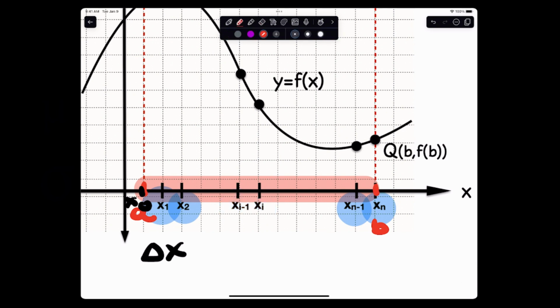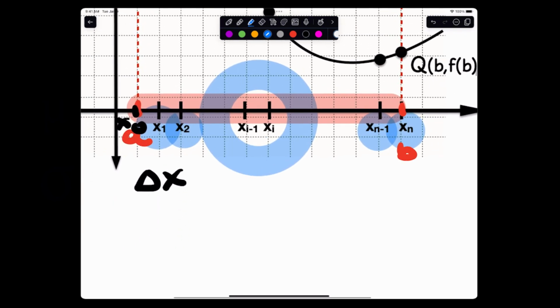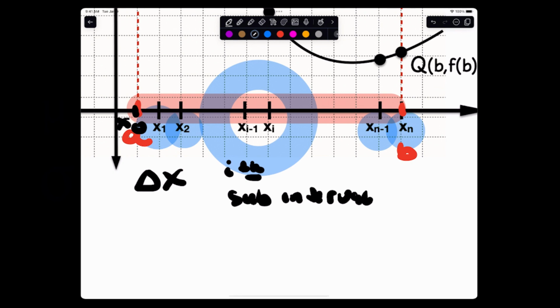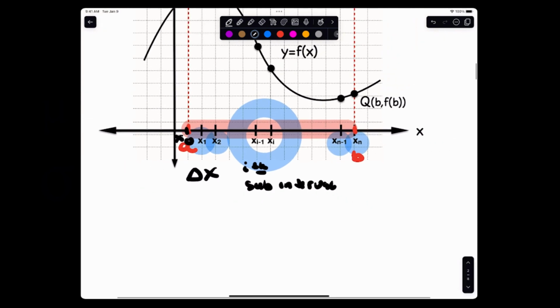This is your ith, what we call the ith subinterval right here. Okay? So let's call it the ith subinterval, and that's really this interval right in here. We have xi minus 1, xi. So you're looking at this subinterval here.